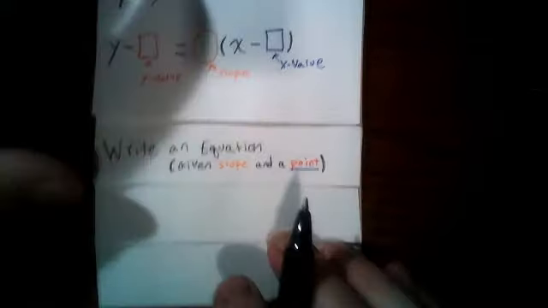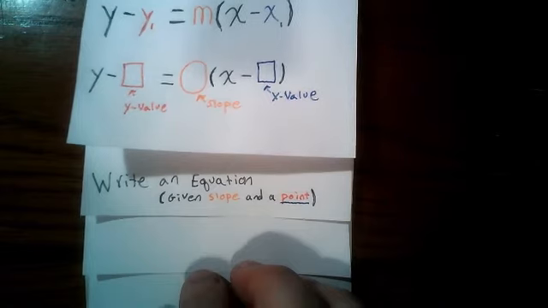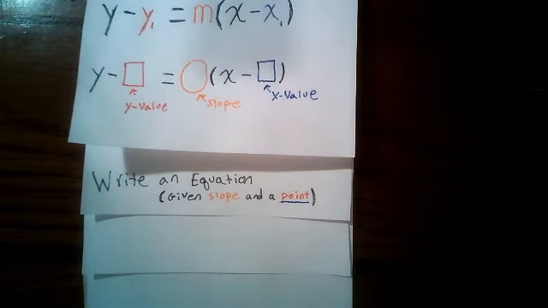And what we're going to do in this foldable is an example where you'll be given a slope and a point and how to use this to write an equation of the line. And that'll be on the next video.